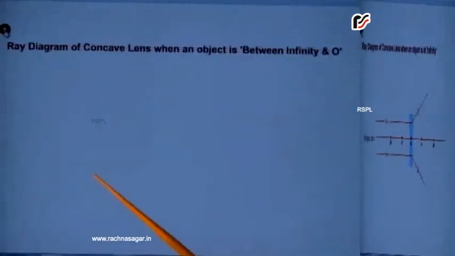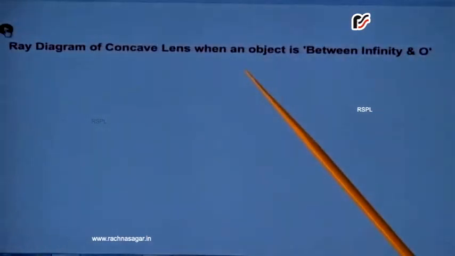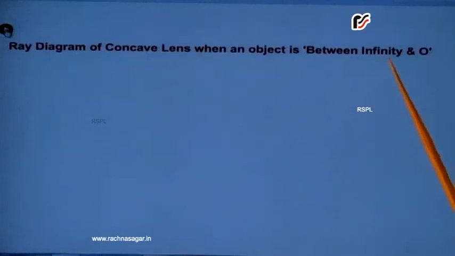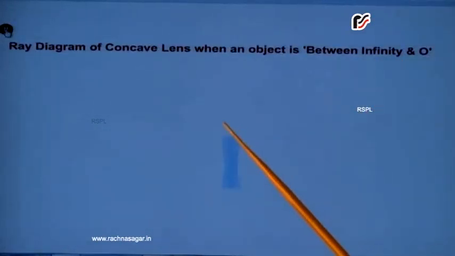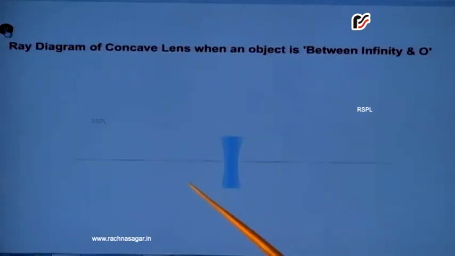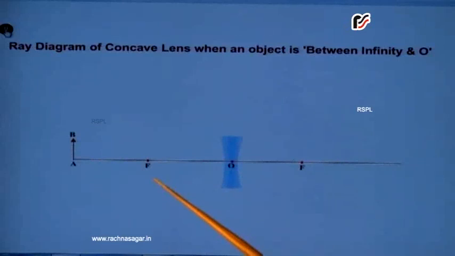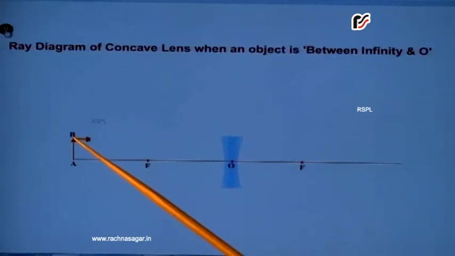Ray diagram of a concave lens when an object is between infinity and the optical center. There is a concave lens, mark the principal axis, F, O and F. Object AB is placed here.